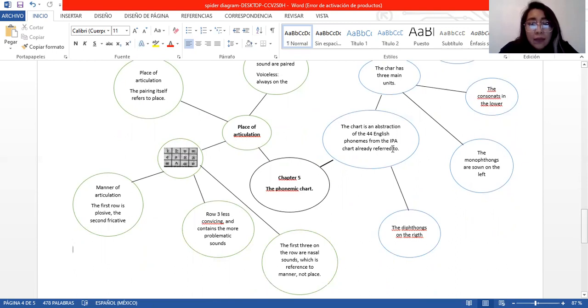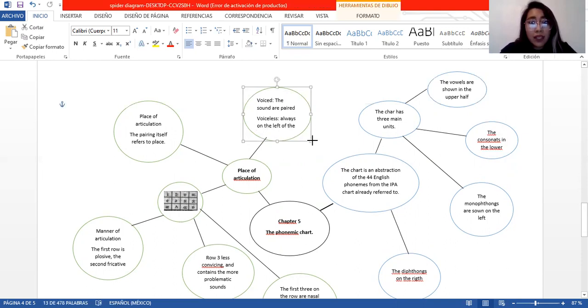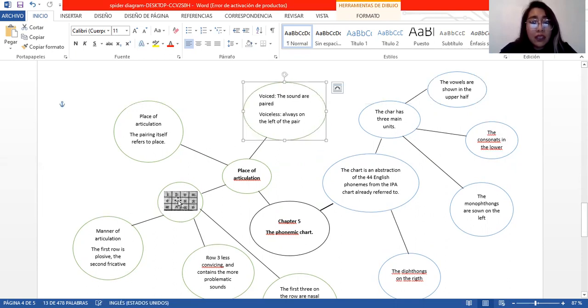The first part says that the sounds are paired, voiced and voiceless, and the voiceless is always on the left of the pair. So in here we have this little chart, and then we have the place of articulation.